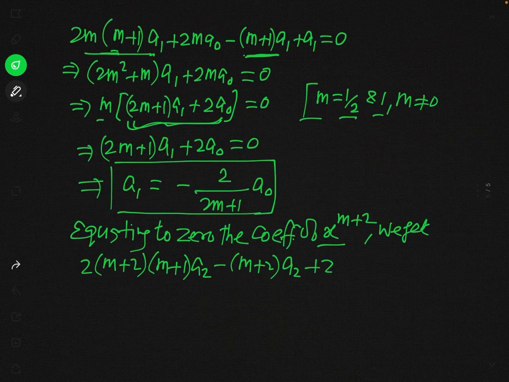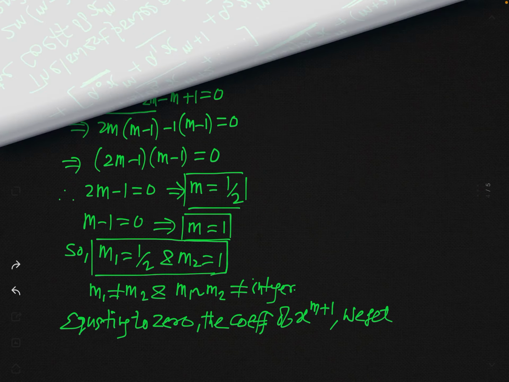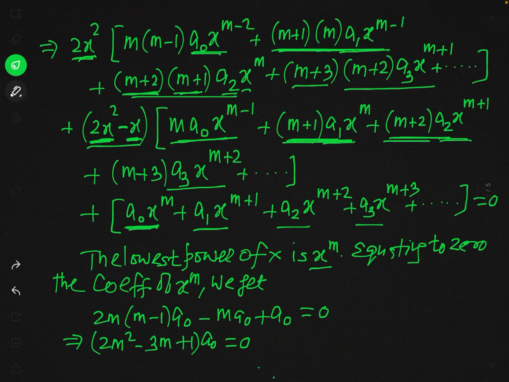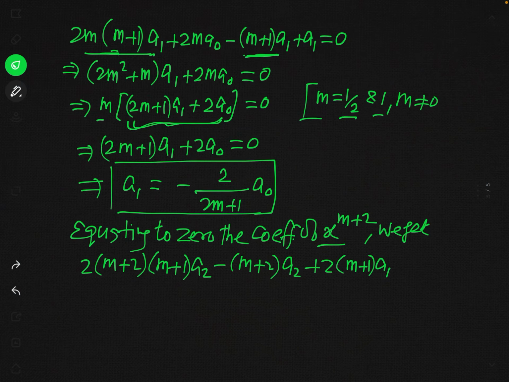This will be plus 2 into (m plus 1) into a1. Now see the last series. In the last series already this term is present containing x to the power m plus 2 and its coefficient is a2. So the last term will be plus a2 and this will be equal to 0.